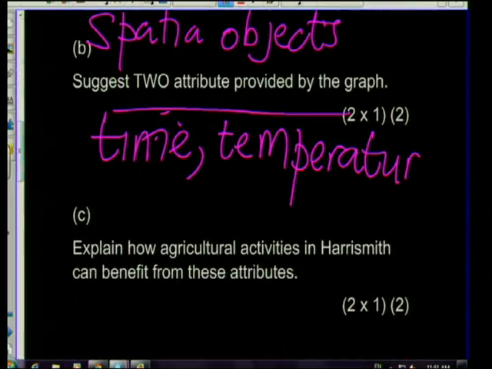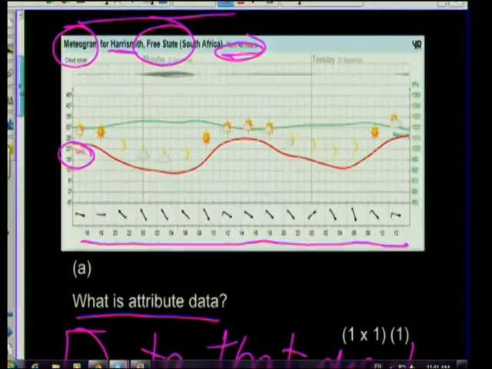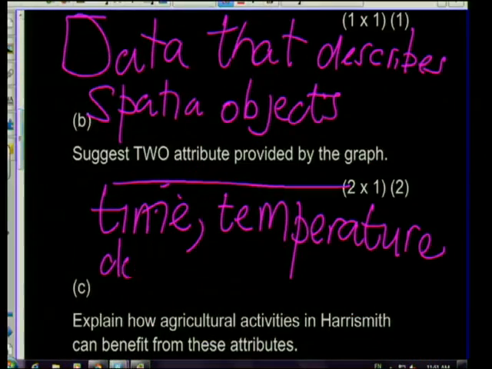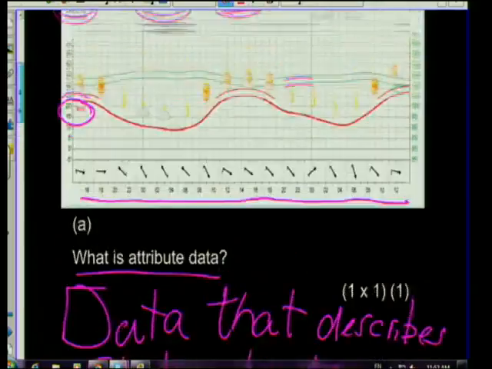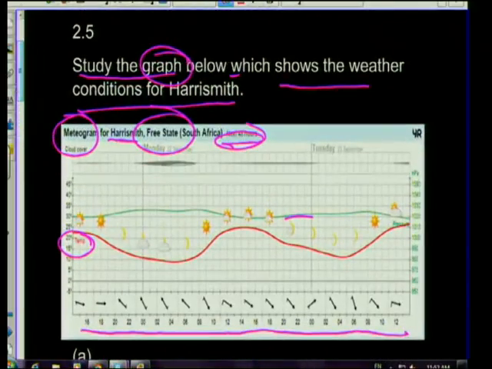Temperature describes the state of moisture, a level of moisture in the atmosphere. What about the green line? It's showing you cloud cover, describing the upper atmosphere. What else? It's also showing you the level of sunshine.